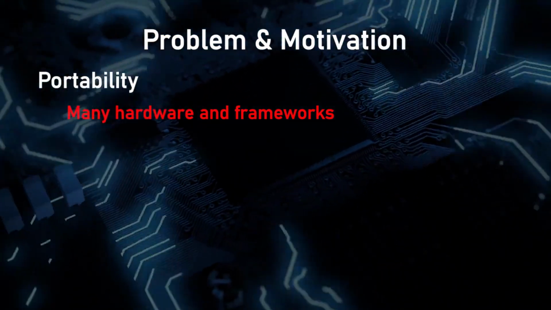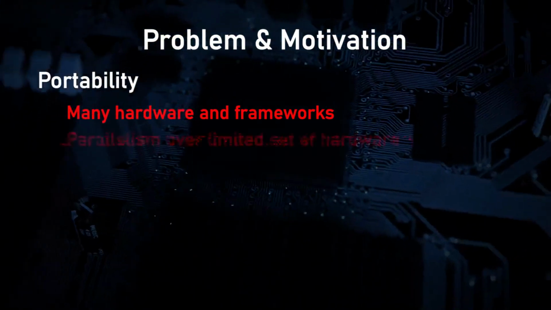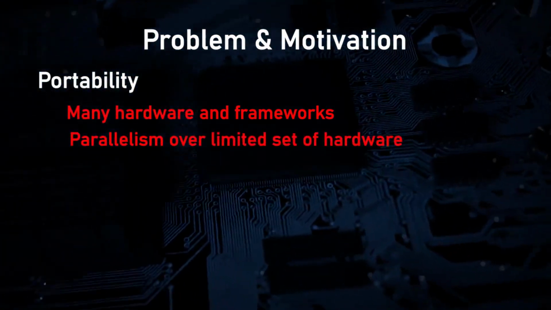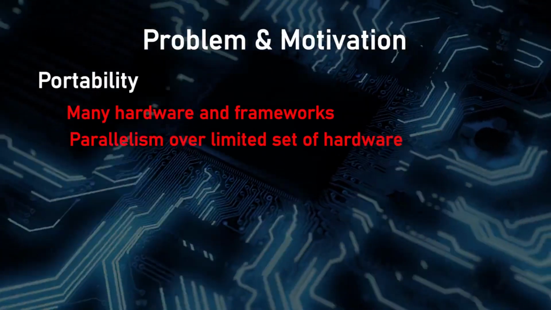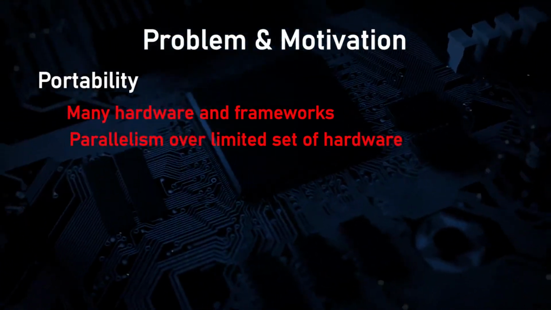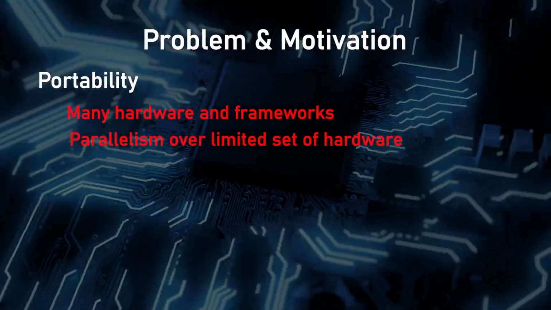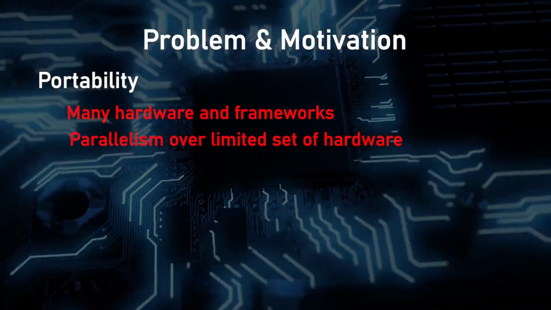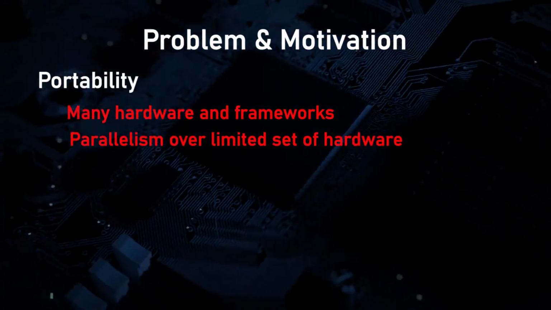While some of these frameworks, such as CUDA, allow parallelism over certain hardware devices only, CPUs, GPUs, and FPGAs by specific manufacturers, some of the frameworks such as OpenCL and SYCL allow parallelism over many hardware devices, given that the framework is supported by the end hardware.